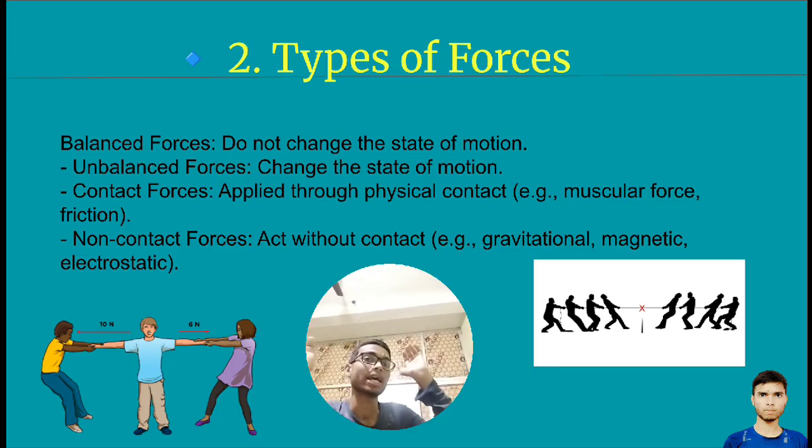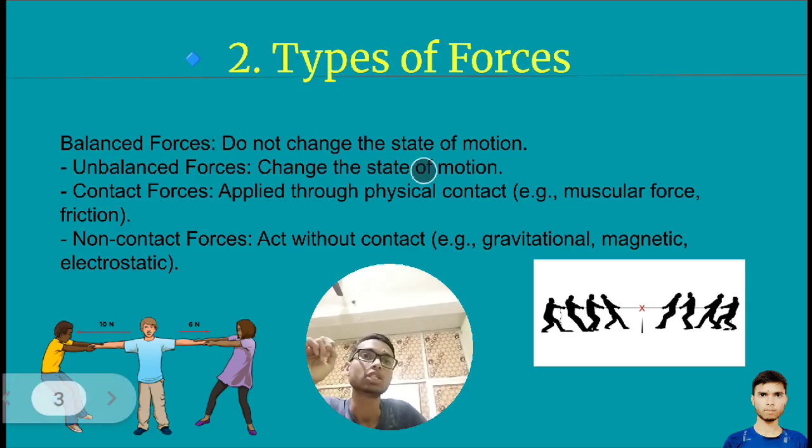Clear? Now, when it comes to unequal forces on both sides, of course, there will be motion on this side. Change the state of motion. Here you can see an example over here. Here she is applying how much?